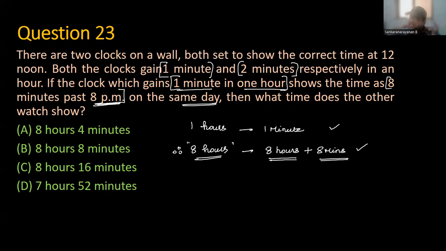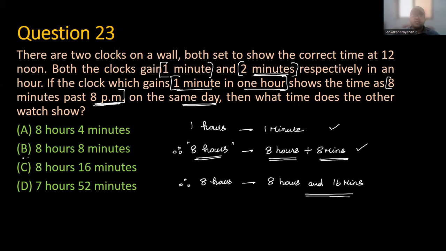Now we have another clock here. This clock is gaining 2 minutes in 1 hour. Therefore, when this clock has run for 8 hours, altogether it would have gained 16 minutes. So I can say it will be showing 8 hours and 16 minutes. Got it?